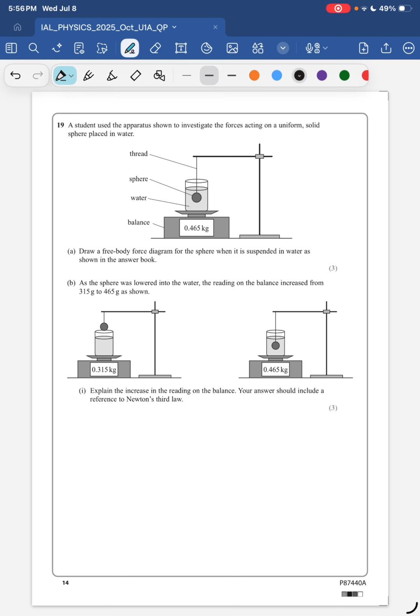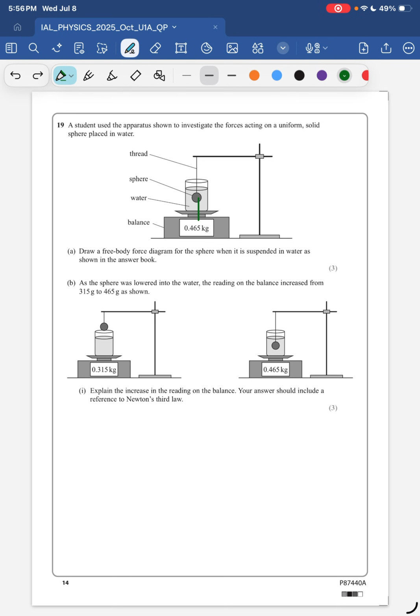A student used the apparatus shown to investigate the forces acting on a uniform solid sphere placed in water. Draw a free body diagram for the sphere when it is suspended in water as shown in the answer book. So we will have the weight of the sphere pointing down.